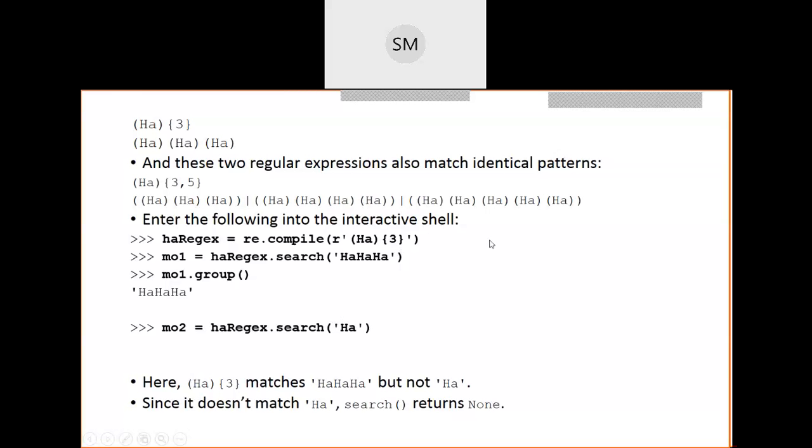So the search will return None to mo2. So mo2 is None is True, right? So HA 3 matches HA, HA, HA, but it is not going to match a single HA. Since it is not matching a single HA, the search method is returning a None value to this match object mo2. In the next class, I will continue with the next interesting topics.